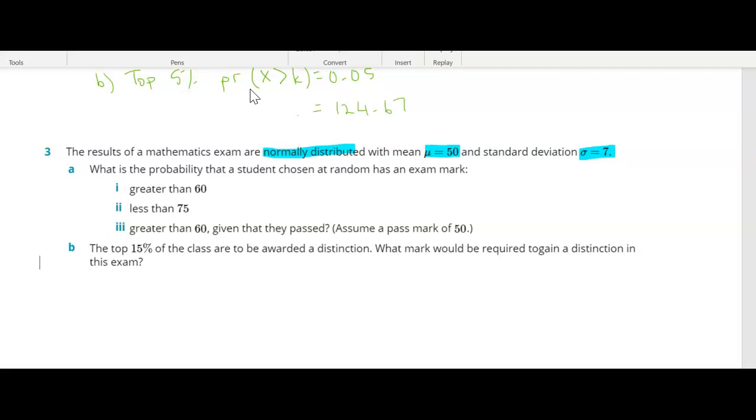We've got a similar question to the one previously, so perhaps stop and see if you can do this question on your own. If we draw this as a quick normal distribution, our mean is in the middle, 50, and the standard deviation is 7, so we're going up by 7 each time and down by 7 each time.